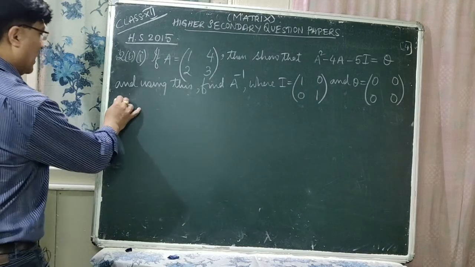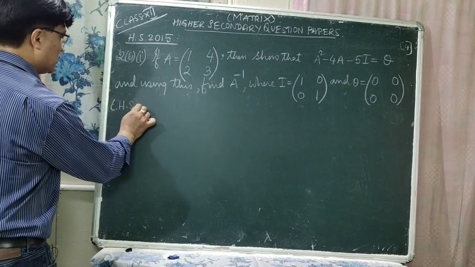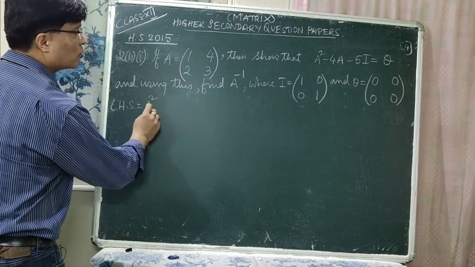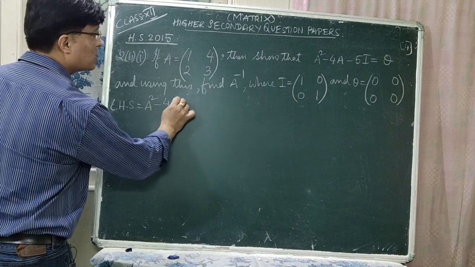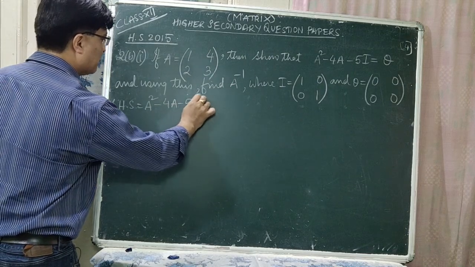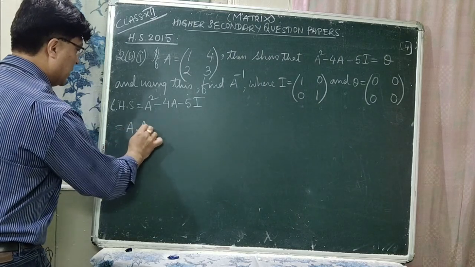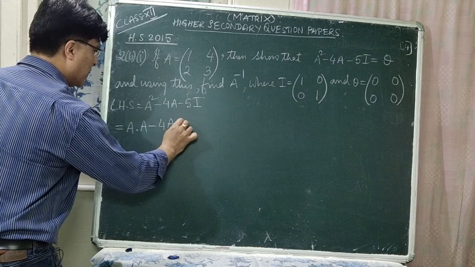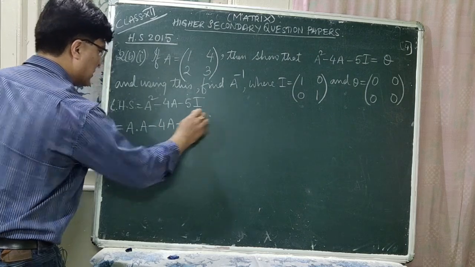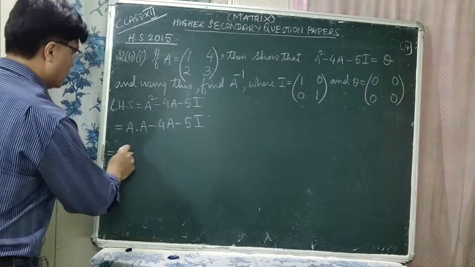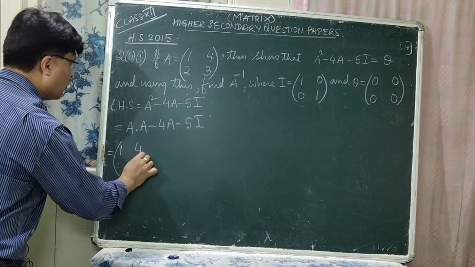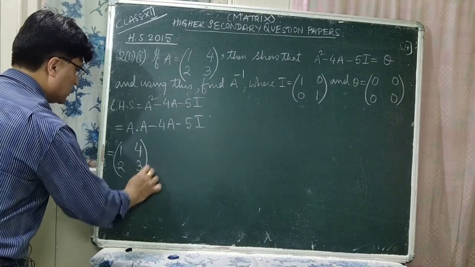So write down LHS is equal to A squared minus 4A minus 5I, which is equal to, what is A squared here? A dot A minus 4A minus 5I. What is A? It is 1, 4, 2, 3.